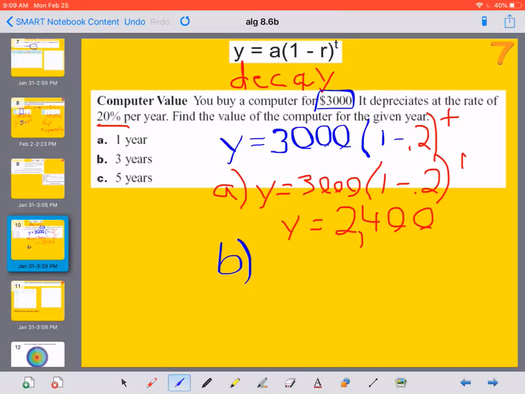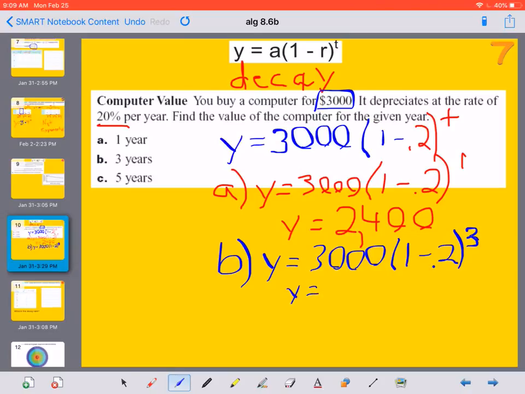B, y equals 3,000 times 1 minus 0.2 to the power 3 this time, because b is after 3 years. So put that in your calculator. 3,000 parenthesis 1 minus 0.2 to the power 3.